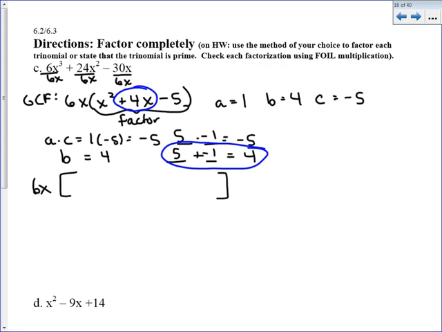It's not affecting my grouping. I copy down the x squared, so the x squared just comes straight down. The middle term gets replaced with my pair. Don't forget your variable when you replace. And then my last term just comes straight down.